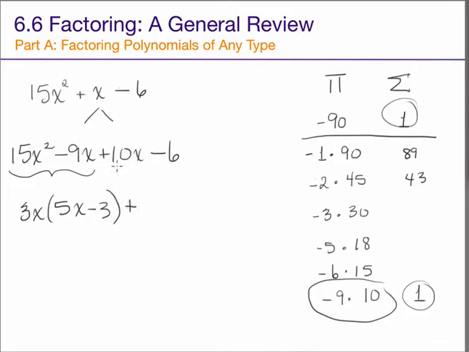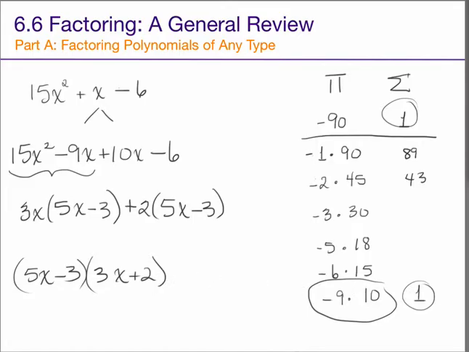The greatest common factor of these two terms is just 2, and what's left over is 5x minus 3. 5x minus 3 is common to both of these two big terms. So that's my greatest common factor at this stage. And what's left over is 3x plus 2.